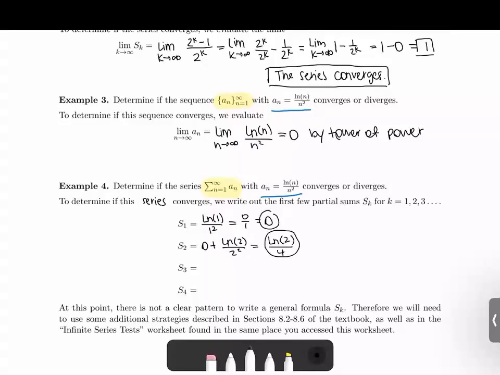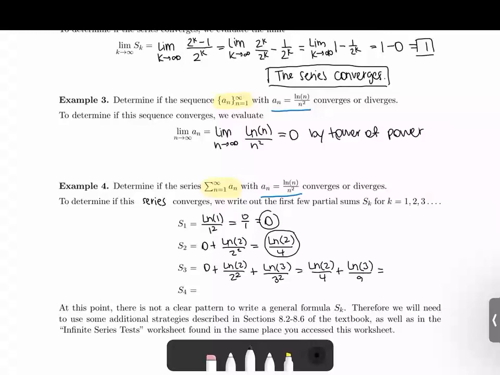For S3, we're going to look at 0 plus ln of 2 over 2 squared plus ln of 3 over 3 squared, which I'm just going to simplify as ln of 2 over 4 plus ln of 3 over 9. Again, we need to make sure that we're adding these fractions by getting a common denominator.